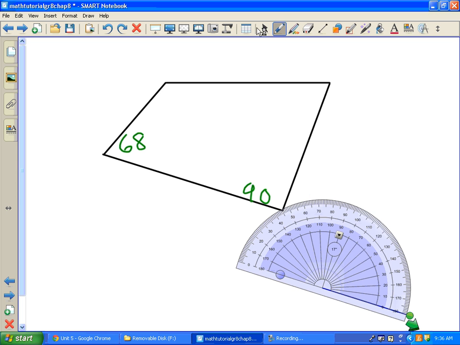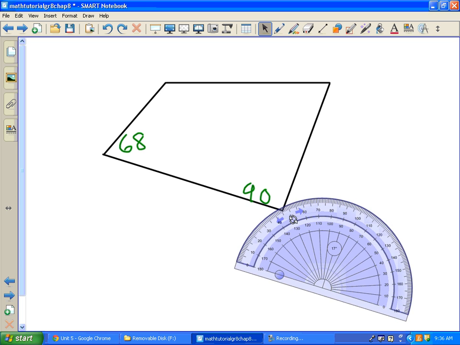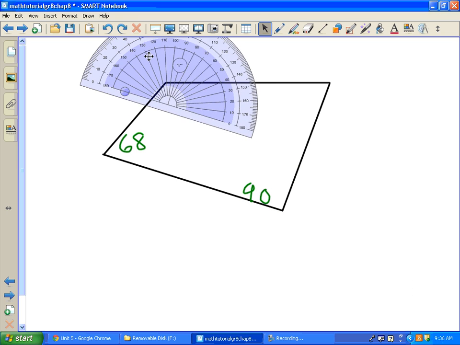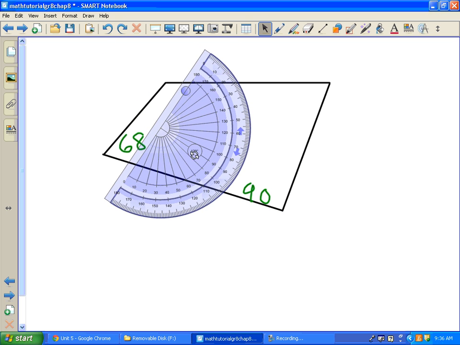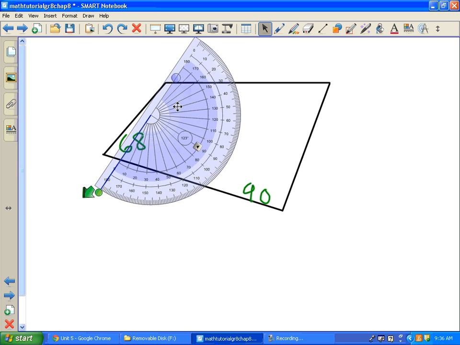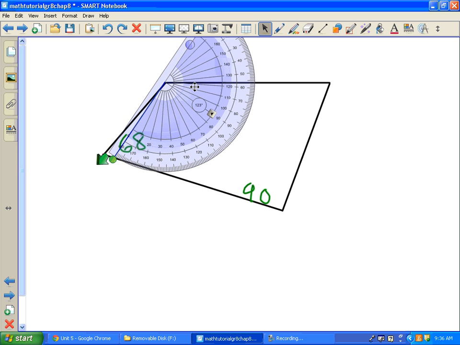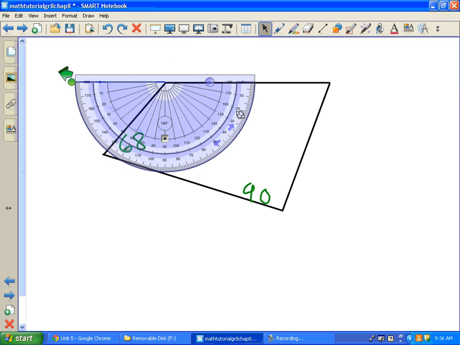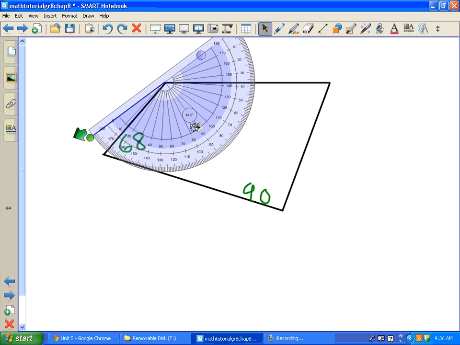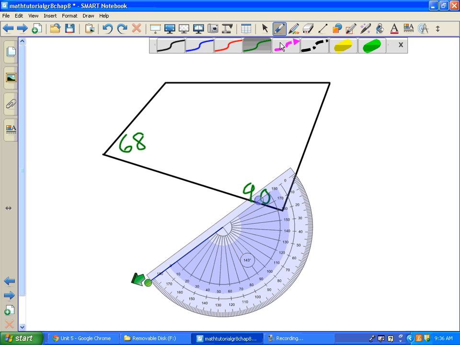Try this guy again, right up here. Now, this one looks like about 130. So I'll move him again. 130.